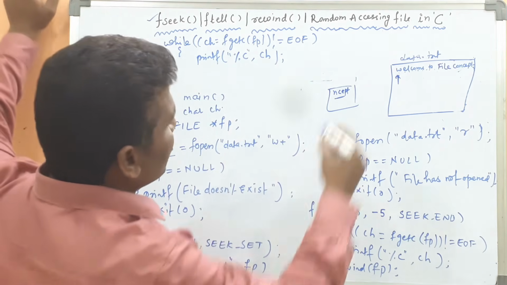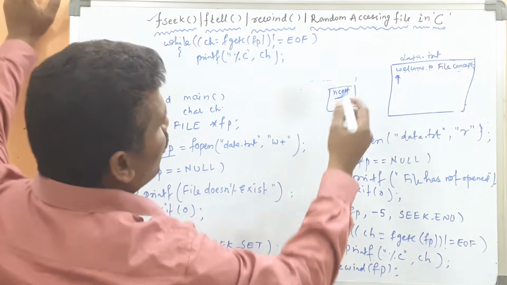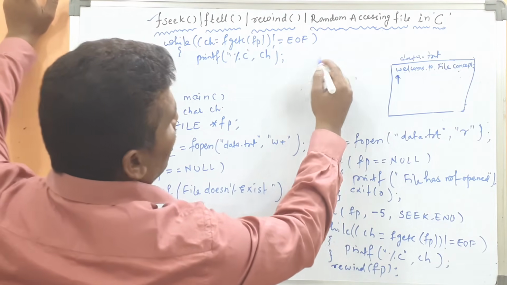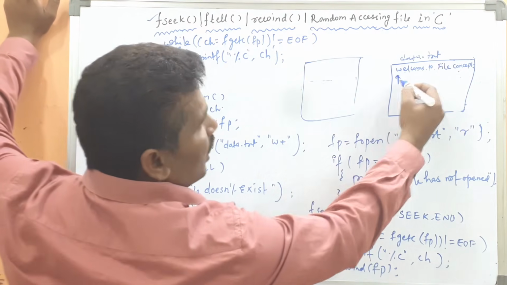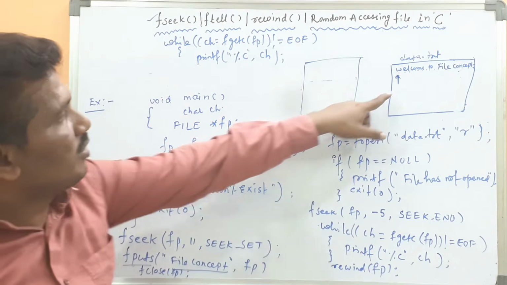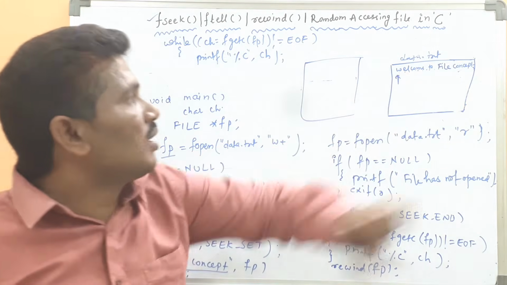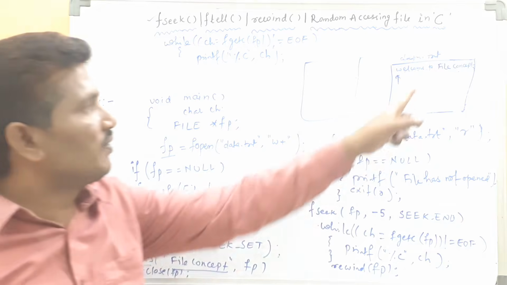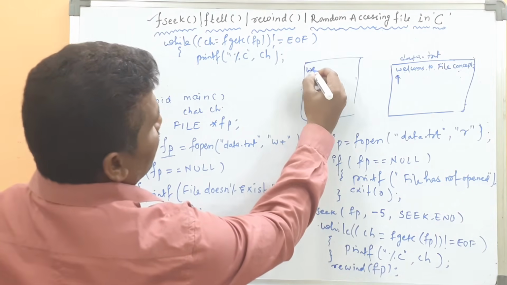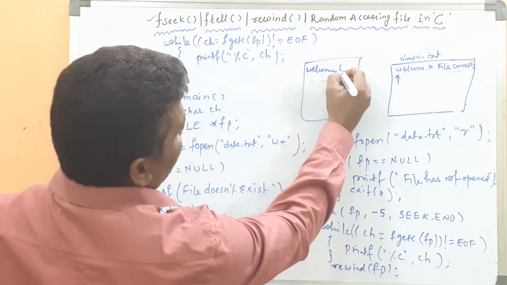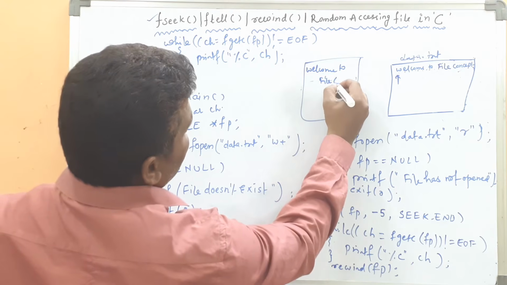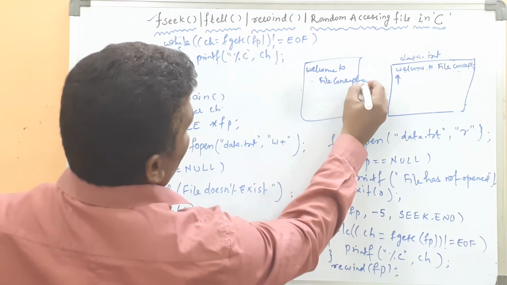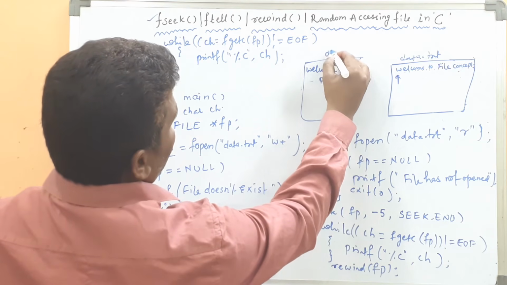Now the cursor will be at the beginning of the file, so what is the output of this program? All the content in the file will be displayed on the output device: Welcome to file concept, on the monitor.